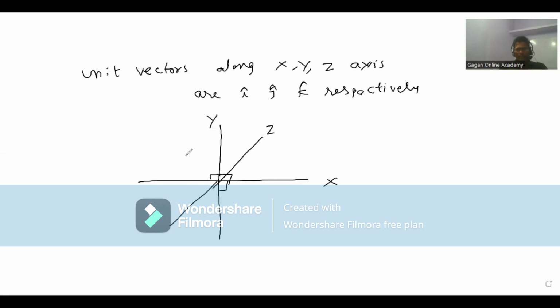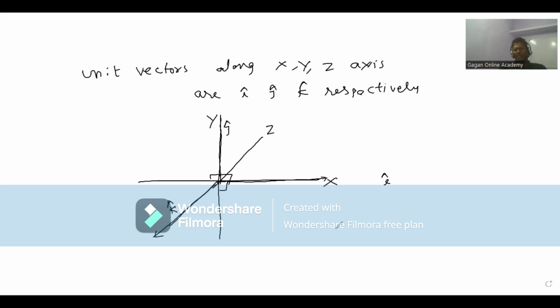So one unit vector in the direction of x-axis is represented by i cap. Unit vector in the direction of y-axis is indicated by the letter j cap. In the same manner, unit vector along the z-axis is represented by k cap.